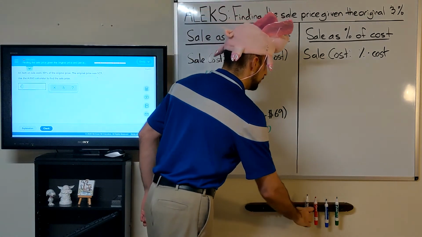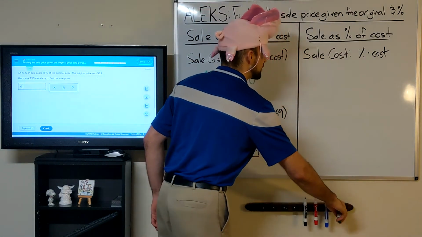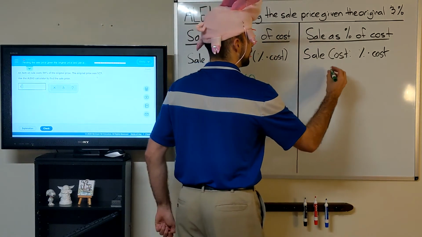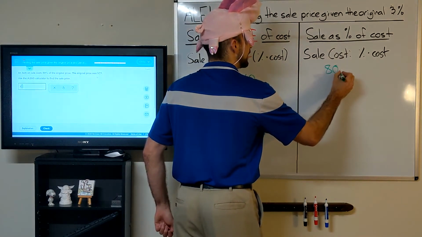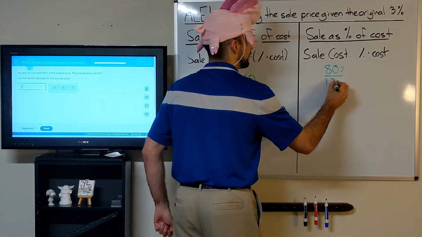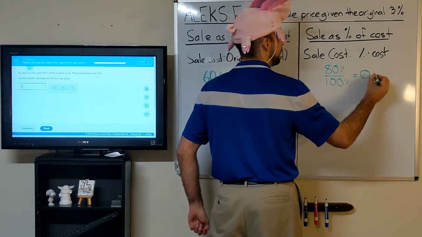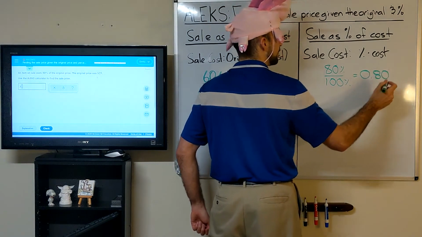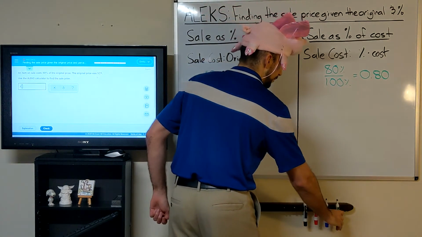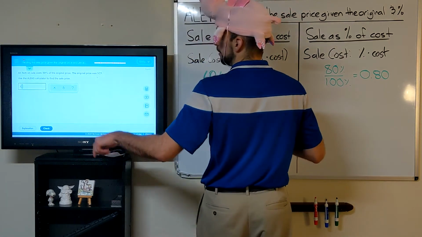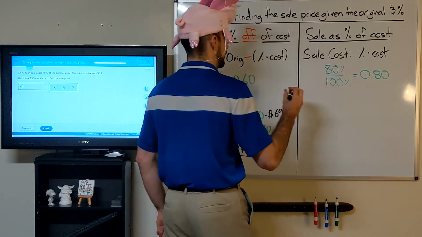Again, we're going to find our percentage as a decimal. Our percentage was 80%, so 80% out of 100% is just going to simplify to 0.80. And we're going to be multiplying that by our cost. So we'll substitute in our original cost, which was $23.